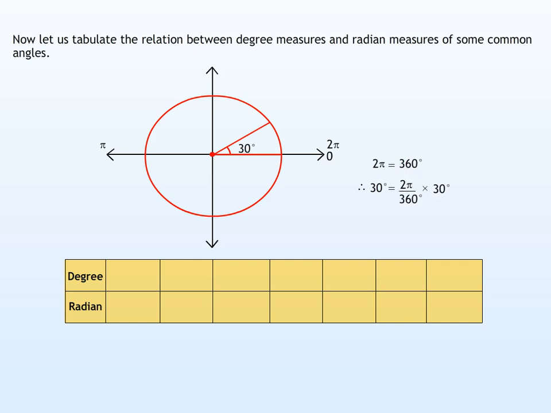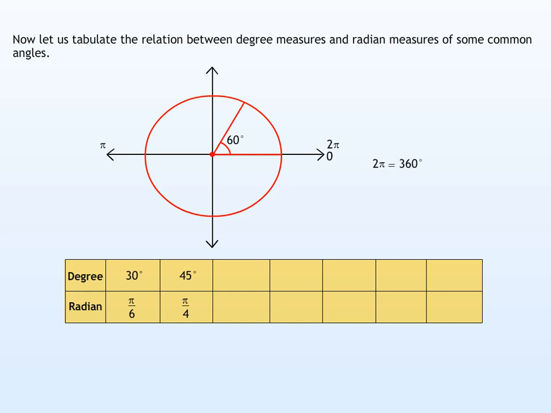Therefore, 30 degrees is equal to 2 pi by 360 degrees into 30 degrees. This is equal to pi by 6. So the radian measure of 30 degrees is pi by 6. In a similar fashion, 45 degrees is equal to 2 pi by 360 degrees into 45 degrees, which is equal to pi by 4. So 45 degrees is equal to pi by 4 radian.